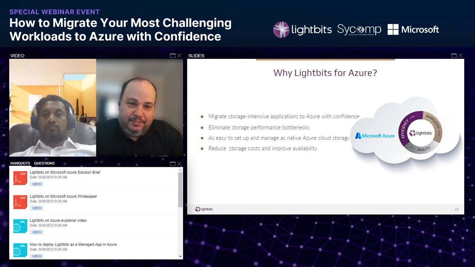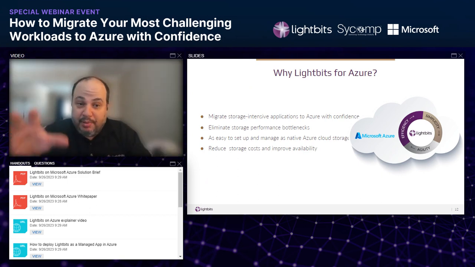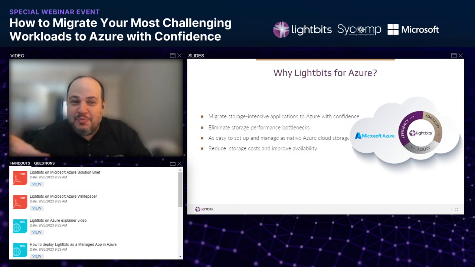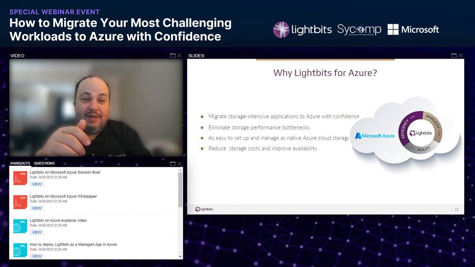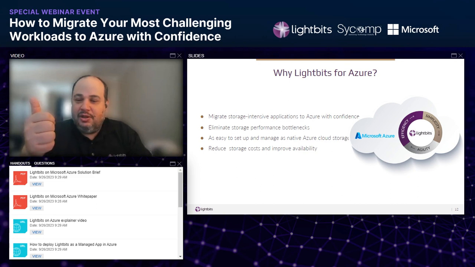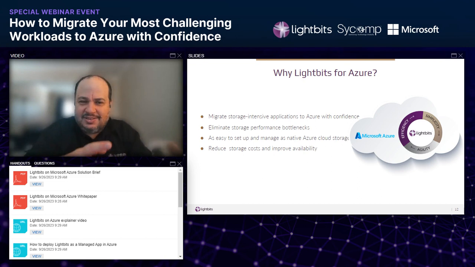So summarizing, if you are running workloads on-prem today and you are not moving them to the public cloud because you have storage performance concerns, because you have concerns about the costs of the migration, how much you are going to pay for running storage-intensive applications in the public cloud, or if you are concerned about the complexity, about choosing the right offering, sizing the IOPS and the throughput, not making any mistakes on the estimation, I invite you to try Lightbits on Microsoft Azure.